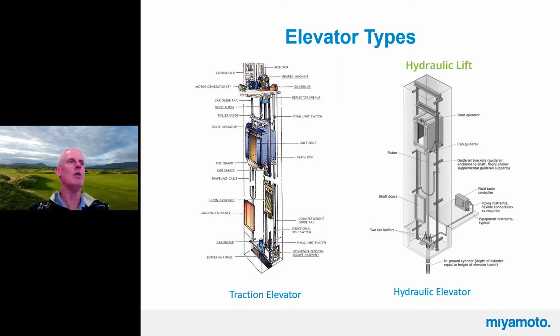So you want to carefully coordinate that. Another thing to note, this doesn't really involve us so much, but the fire construction requirements for a machine room and a traction elevator are extremely challenging, or very tight, because you don't want a fire in there.